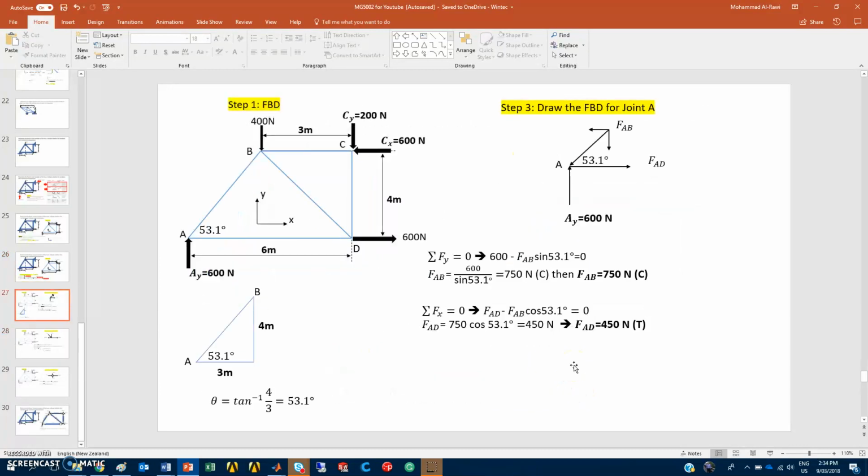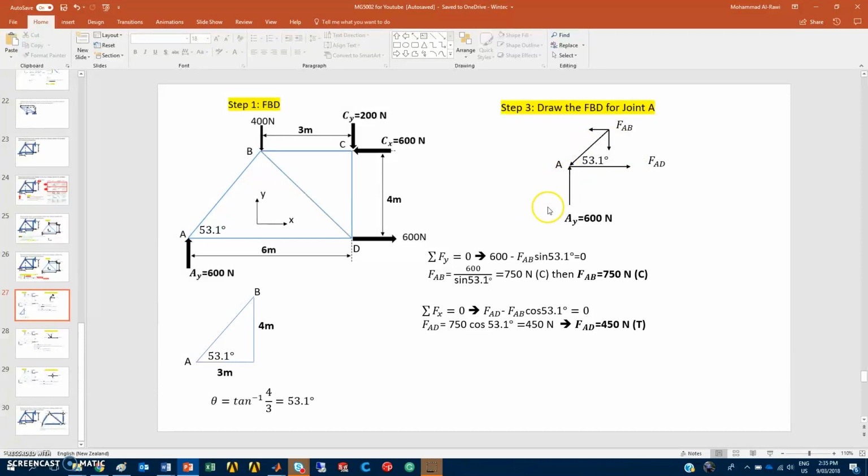After we finish step 2, which is to determine the support reaction values, now we need to find the force in each member, and we need to state if it's compression or tension. So step 3, draw the free body diagram for joint A. So this is joint A. I will take this joint here. There is an external force of 600 newtons from the support reaction, and there is a force from the member AD, and there is a force from the member AB in that direction.